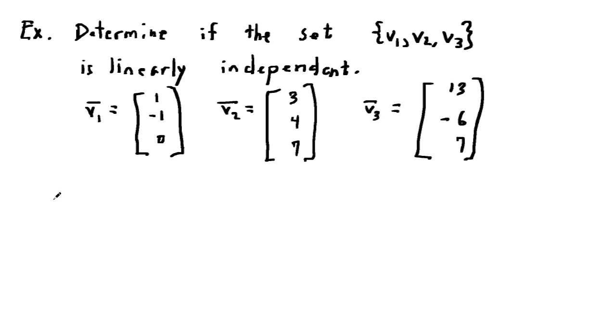Let's form the matrix. Form the matrix that has v1, v2, and v3 as columns.